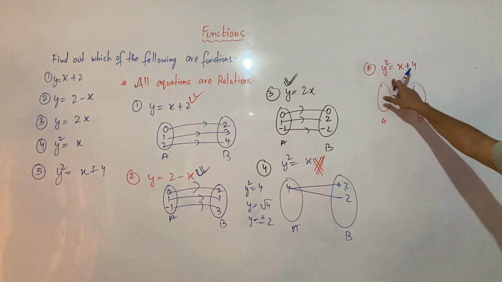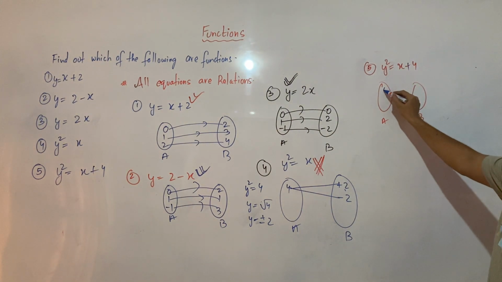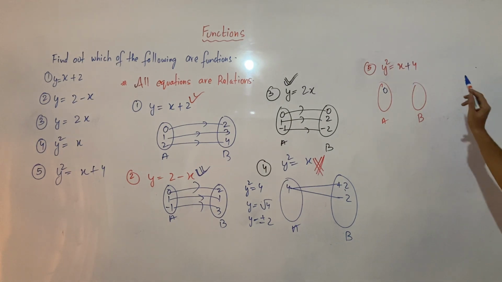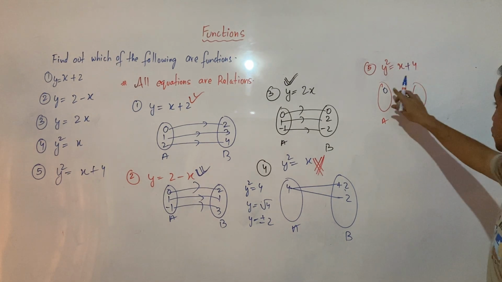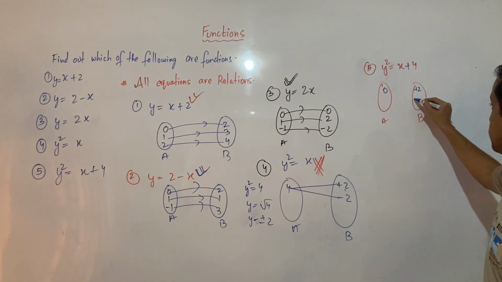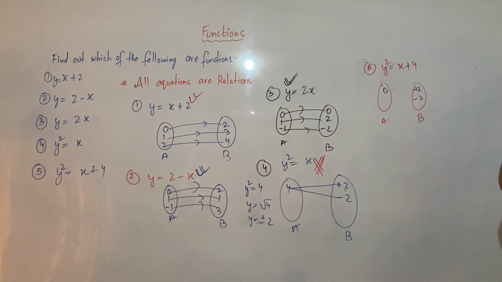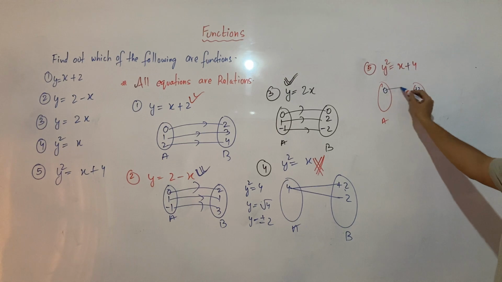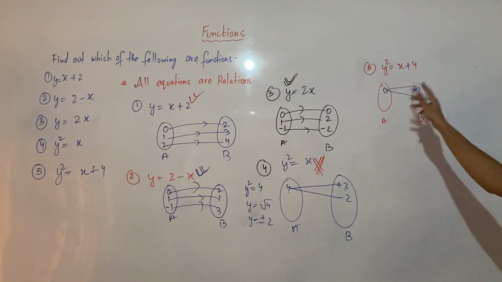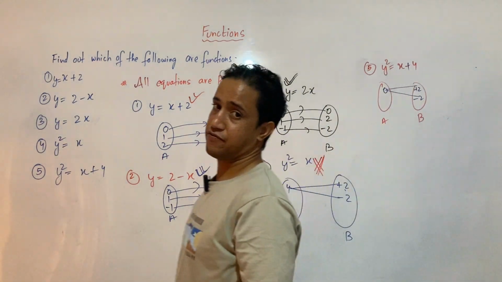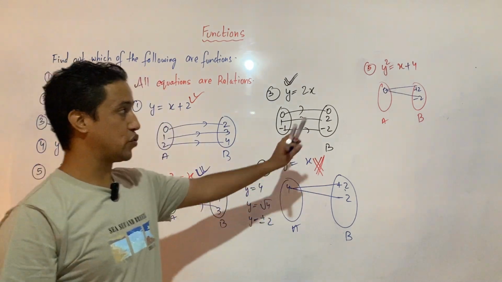So if you put here 0, y is going to have two values, plus 2 minus 2. Why? Because y square equal to 4. Y is going to be plus 2 minus 2. So again, the same problem, that for one input, you are going to have two outputs.